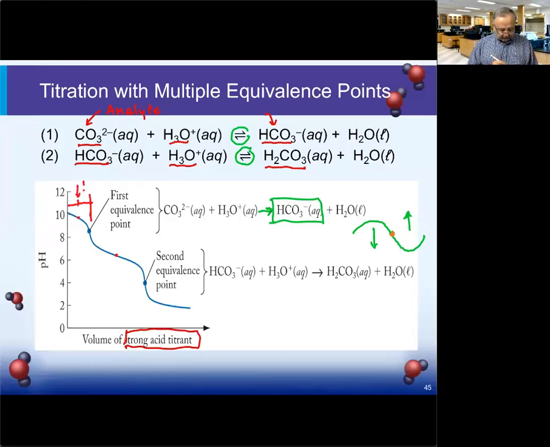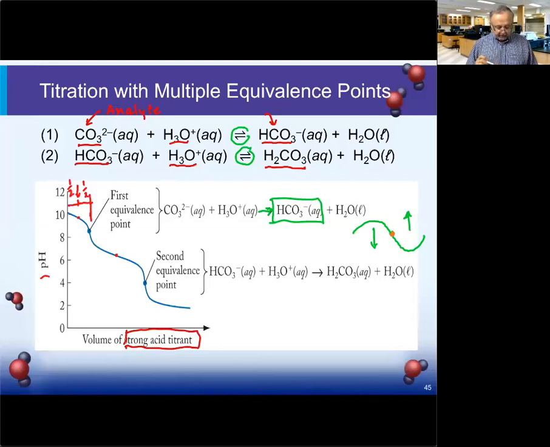Halfway through, you have the first pKa, and this will be the second pKa. Remember that we're looking at pH, so we're looking from the acidic point of view. So these halfway points are always pKa.